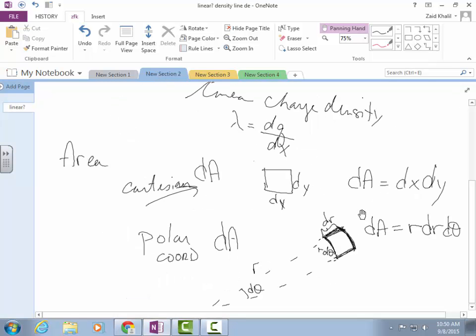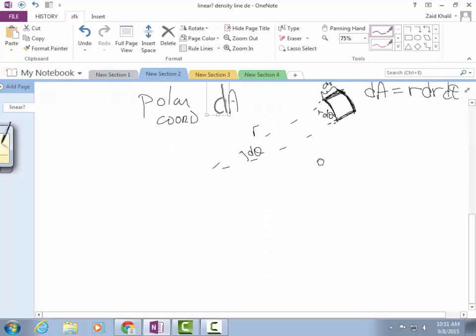Similarly to linear, there is a symbol for surface, and surface is sigma, lowercase sigma. So for instance, this would be surface mass density. What do you think the surface mass density would equal?